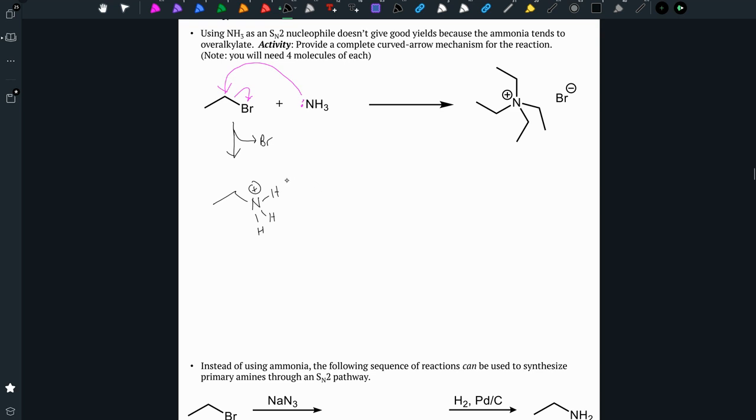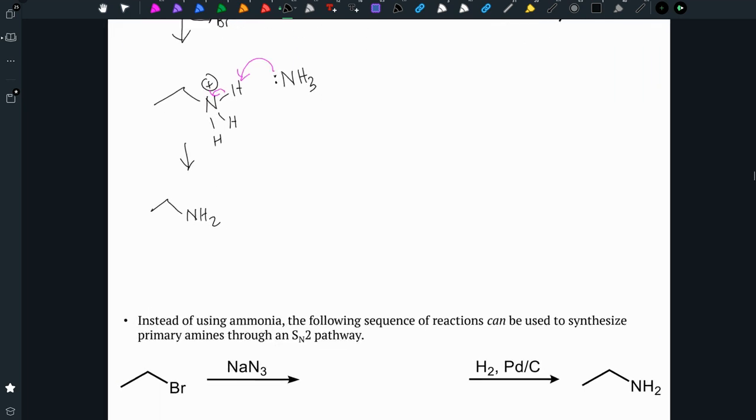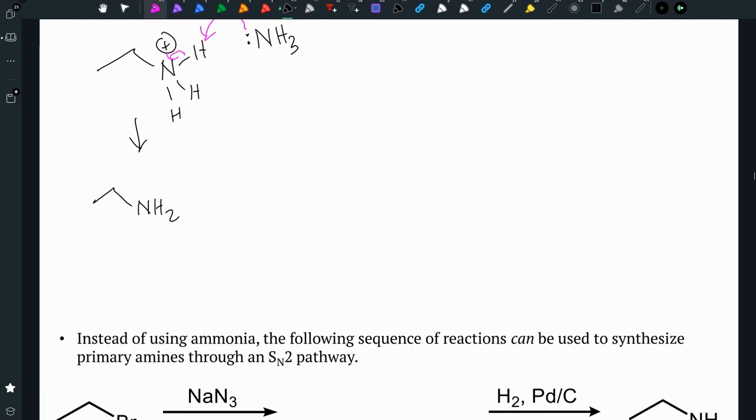But then that ammonium ion can get deprotonated by another molecule of ammonia, which makes this amine, which is also a good nucleophile. So if I have another molecule of alkyl halide around, this amine can go ahead and do SN2 as well.